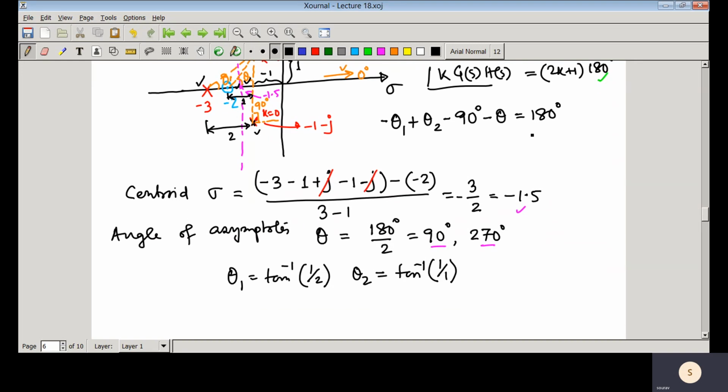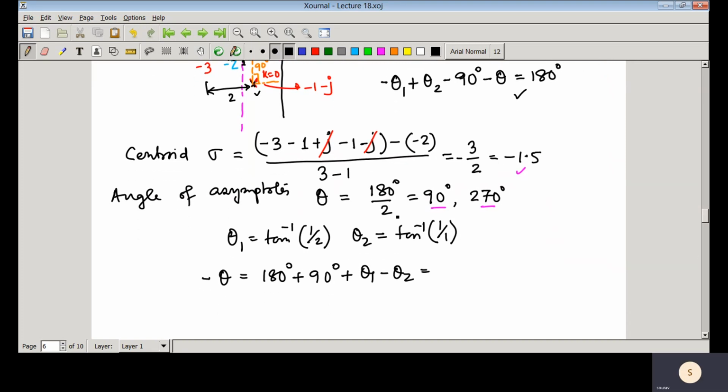So let us write this particular equation. Theta 1 minus theta equals 180 degrees plus 90 degrees plus 90 degrees plus theta 1 minus theta 2. So that is 270 degrees plus theta 1.